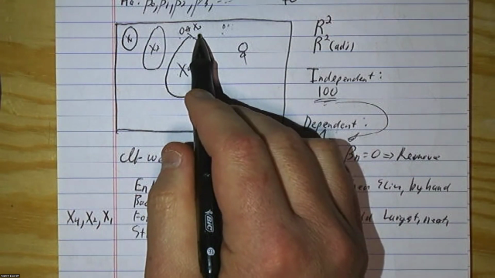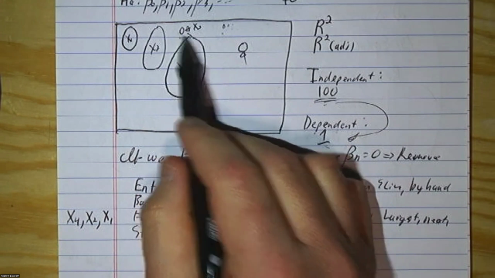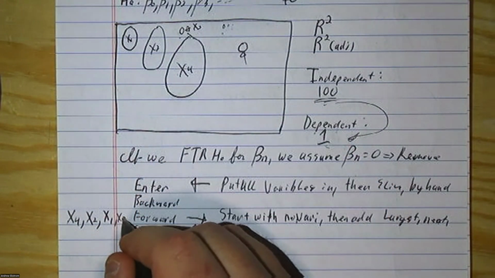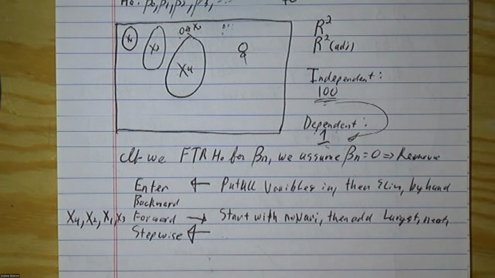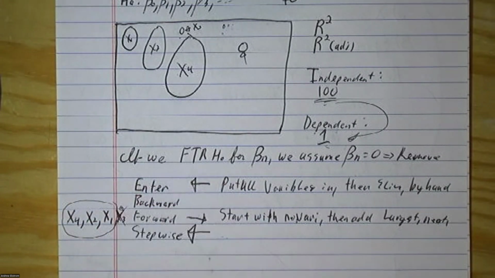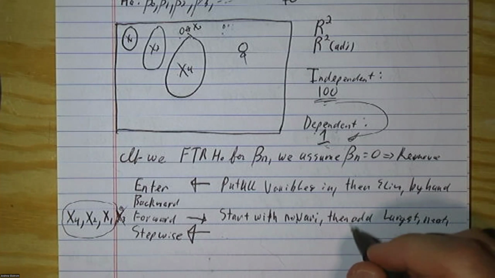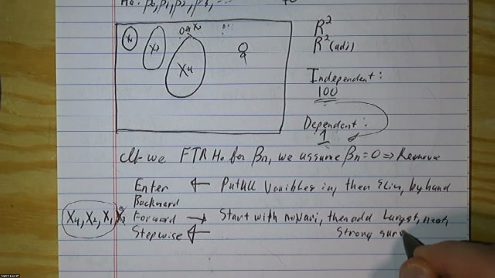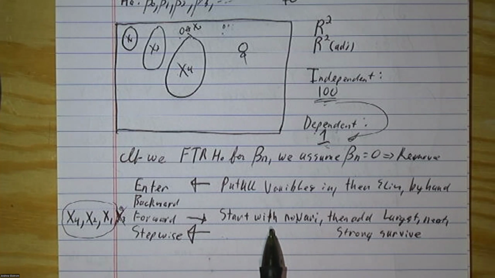And then even though this is smaller than our threshold, we'd add in x3, and then it would look at that and say, nope, that's too small, and actually get rid of it. And eventually it would tell us that this is the model that we want to go with. We can think of forward as only the strong survive. But with these forward models, we need to keep in mind all the issues that I was talking about last time.